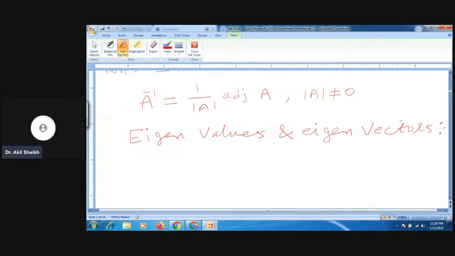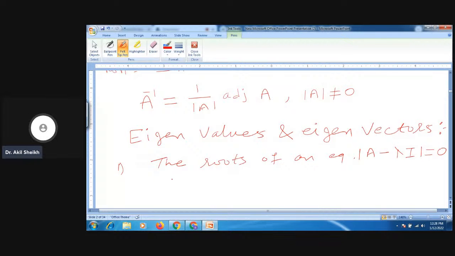Most of the examples have been asked on eigenvalues and eigenvectors. Here, determinant of A minus lambda I equals 0 is also called the characteristic equation.